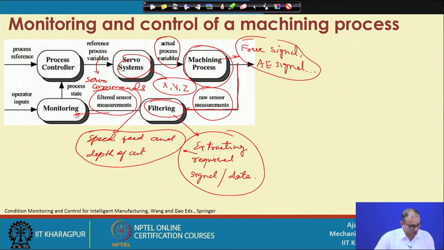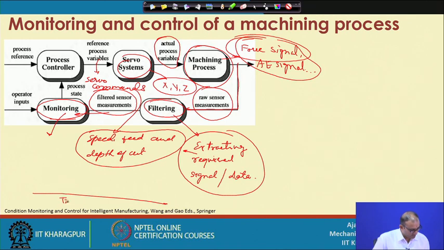So, now here you are actually monitoring those things, and then based on this monitoring system, now suppose you are using a force signal, right. Force signal is always in the time domain, and this is the force. Now, let us say it is a cutting force, right.